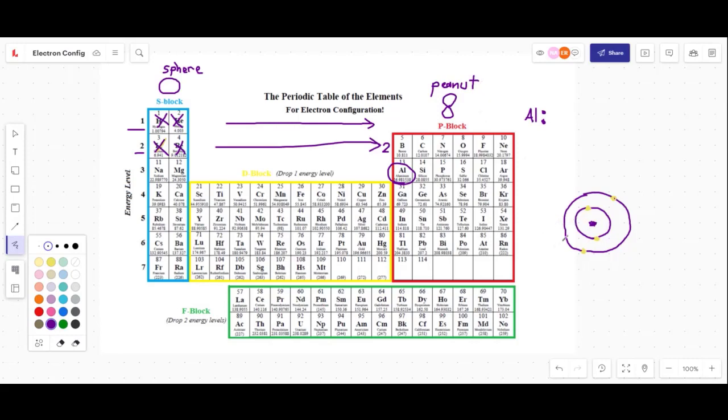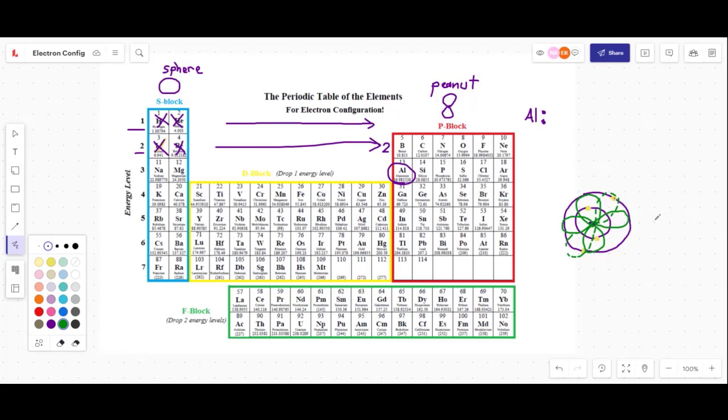So I'm going to color my p orbitals a different color. They're going to be orange. The p orbitals extend out about the same amount as the s orbital. It's the second energy level, so they're going to extend out about the same. And then it goes up and down, left, right, and in, out.